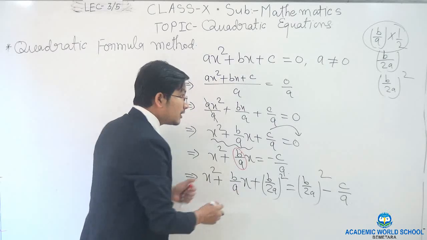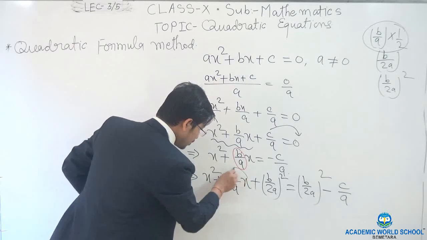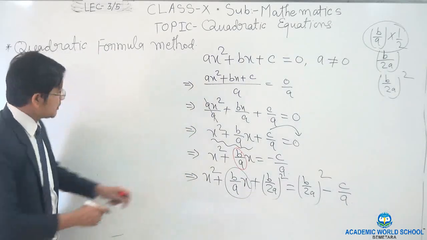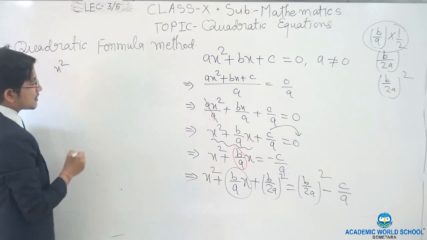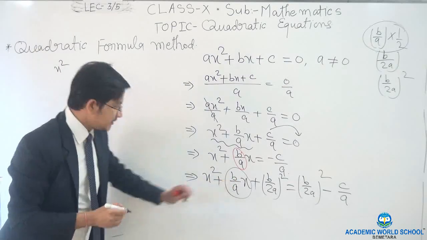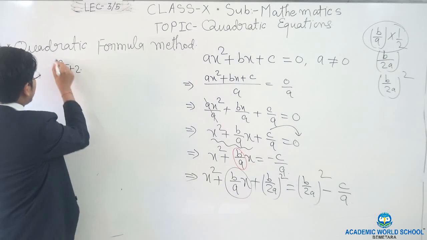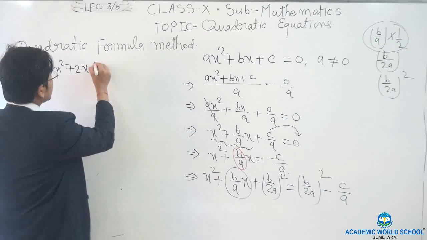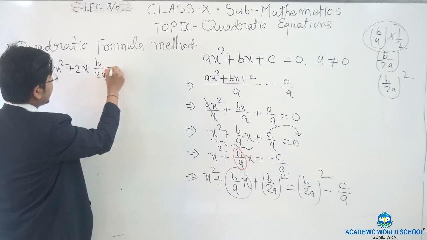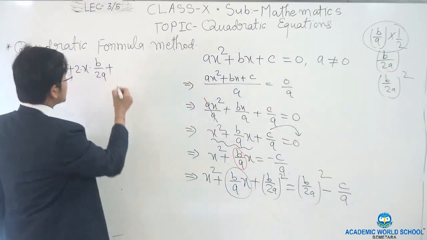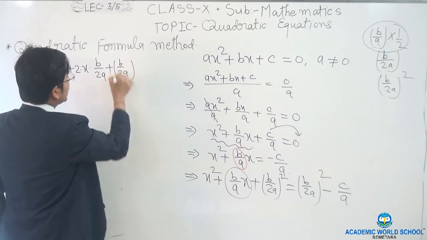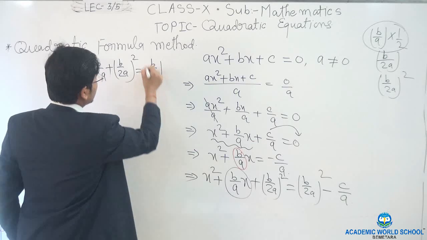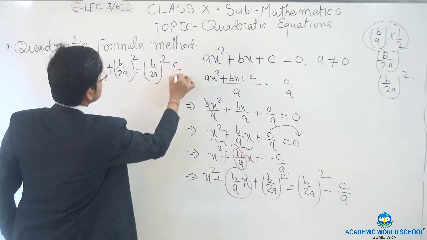So I write this as x square plus 2 into x into b upon 2a plus b upon 2a whole square is equal to b upon 2a whole square minus c upon a.